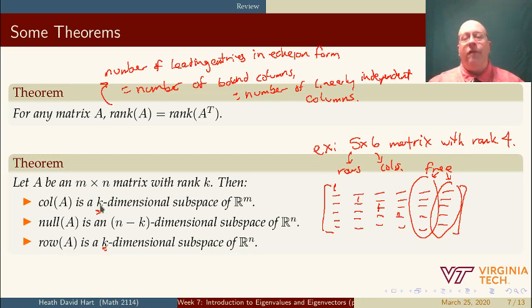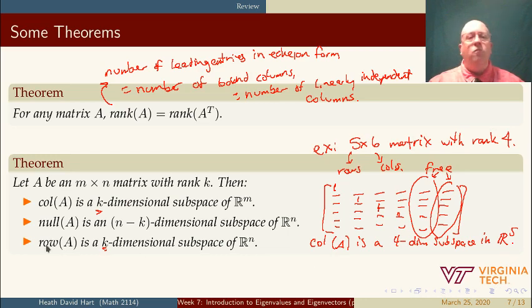And so the column space will only be 4-dimensional. It's a 4-dimensional subspace, but the columns have 1, 2, 3, 4, 5 entries in them. And so it'll be a 4-dimensional subspace in R5.